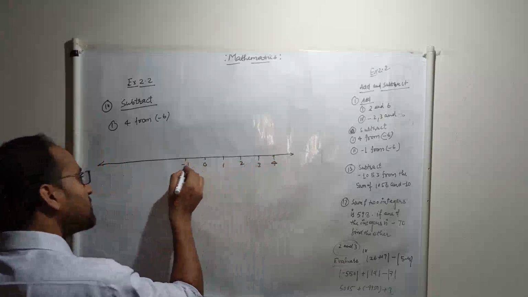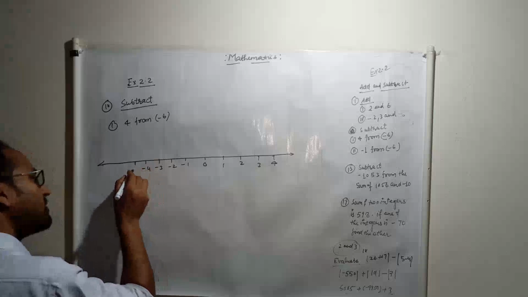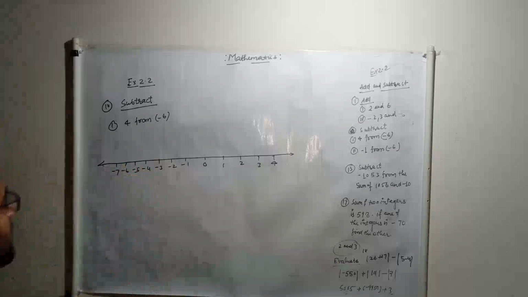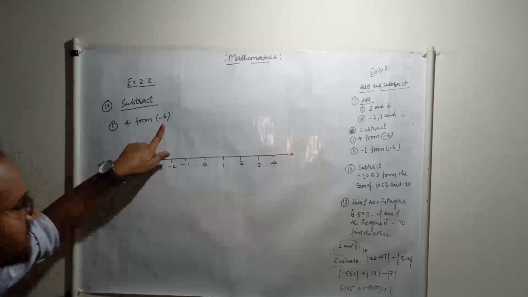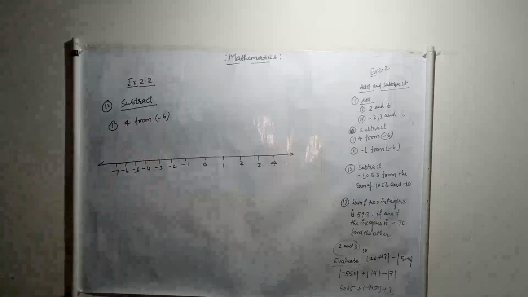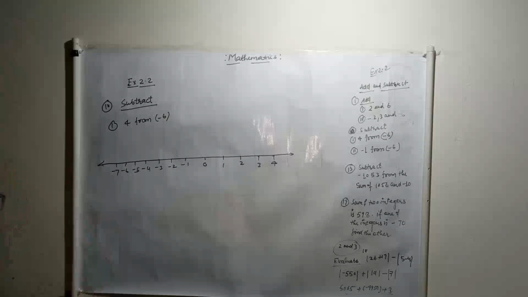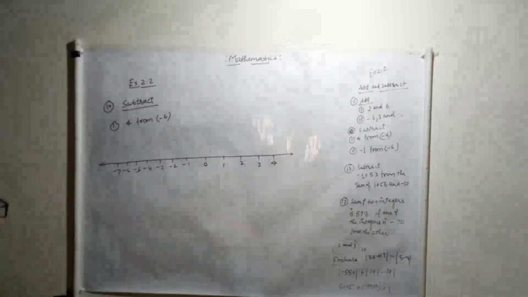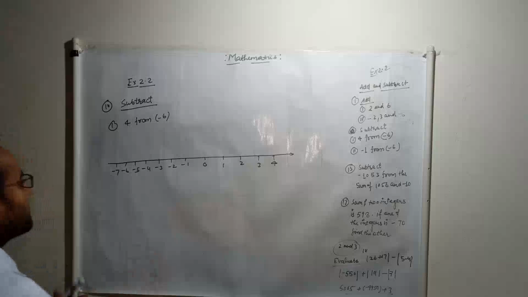Here is minus 1, minus 2, minus 3, taking the uniform distance in each number. From minus 6 you subtract 4. If you are subtracting 4 from minus 6, you always move to the left side on a number line.